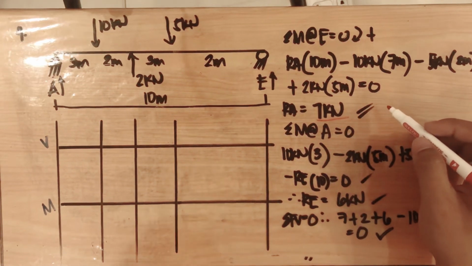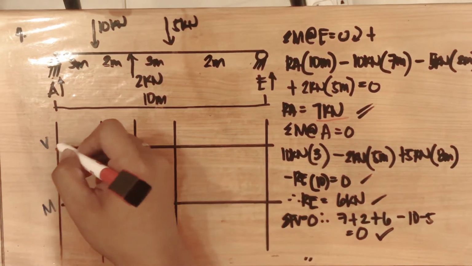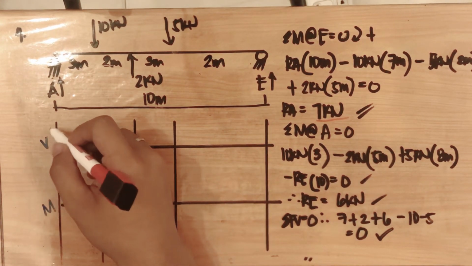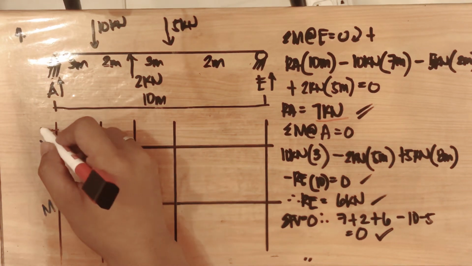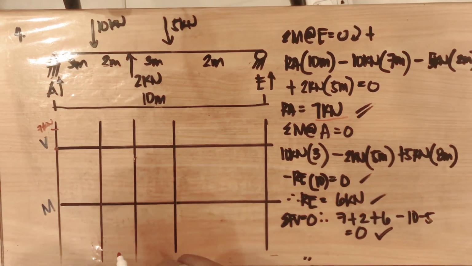So it means upward yung ating shear. From 0 papuntang 7 kilonewtons. So meron tayong shear at point A equivalent to 7 kilonewtons.